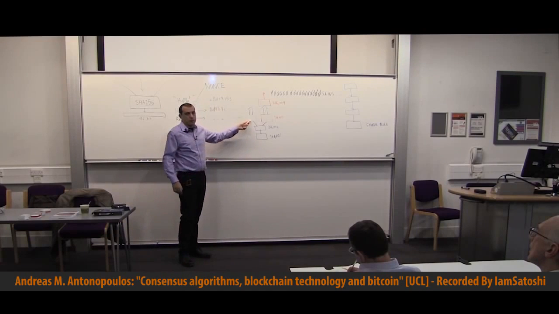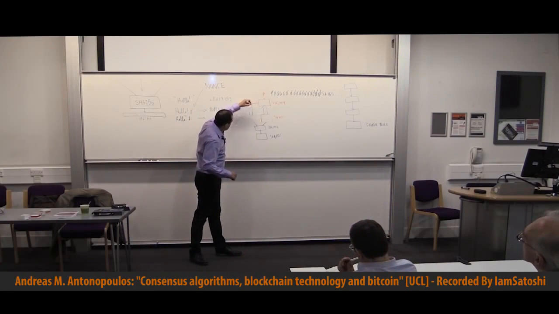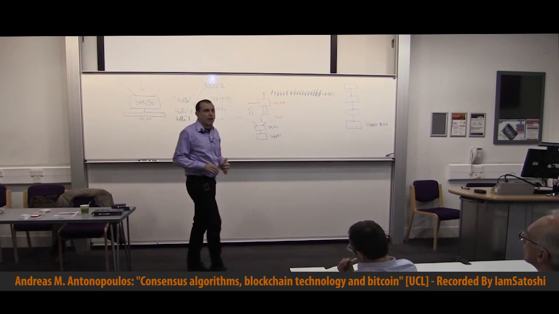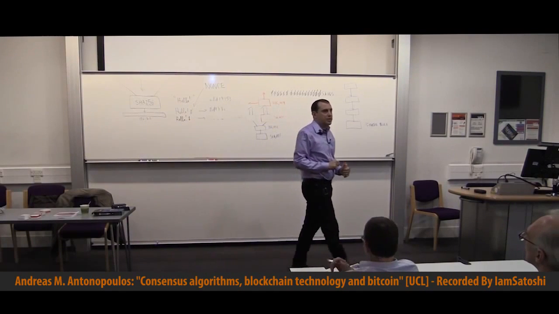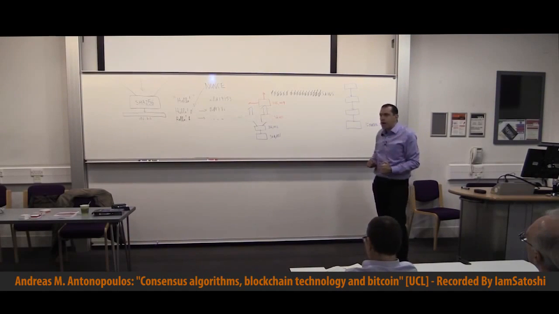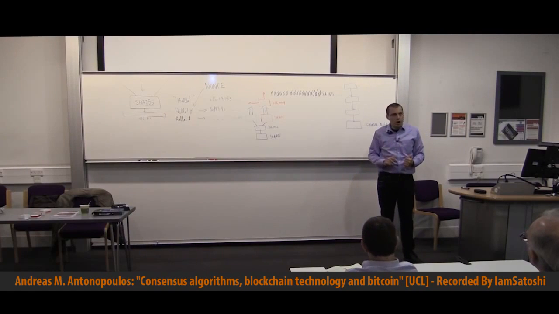What happens to these people? Everybody who is on this side and suddenly sees this block, looks at it, starts validating, looks at the parent hash and says, oops, this is a child of red. I thought green was winning. I was wrong.